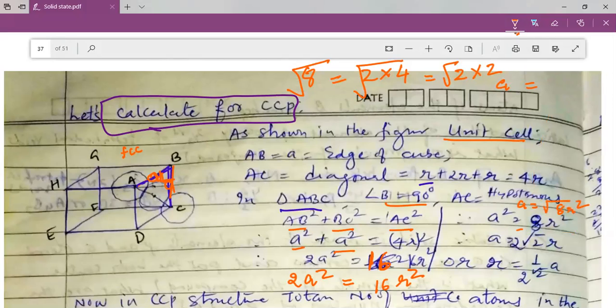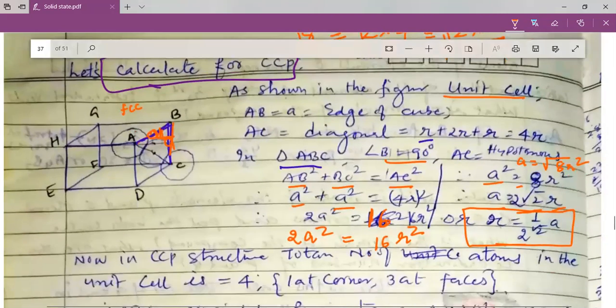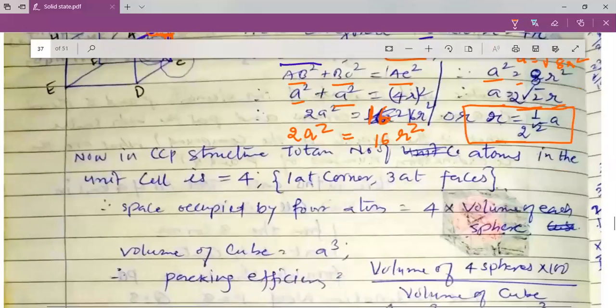The square root of 8 is equal to 2 root 2, so instead of 8, I have written 2 root 2, and the square root of R square is equal to R. So my dear students, A square is equal to 8R square. Therefore, A is equal to 2 root 2R, and therefore R is equal to 1 upon 2 root 2A. So here we find the formula for R.